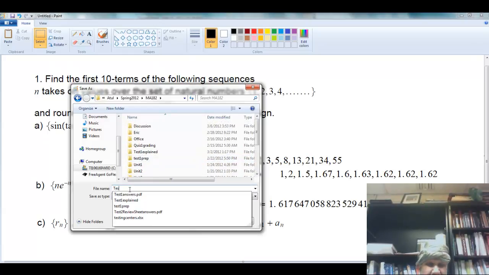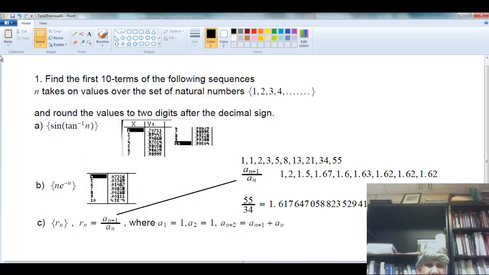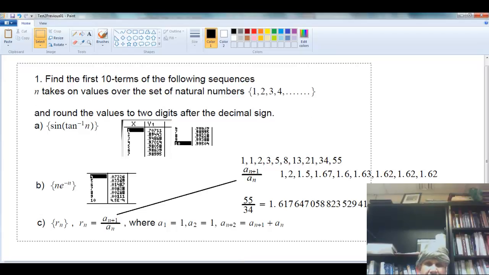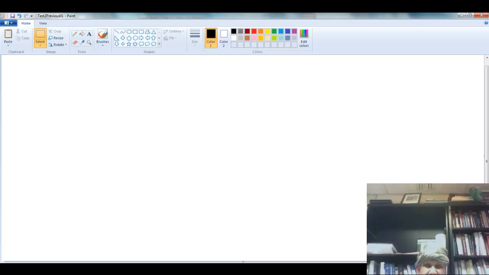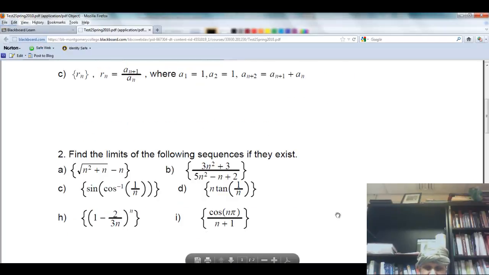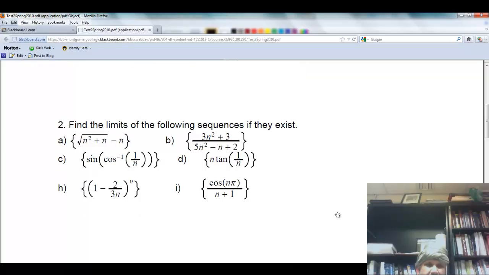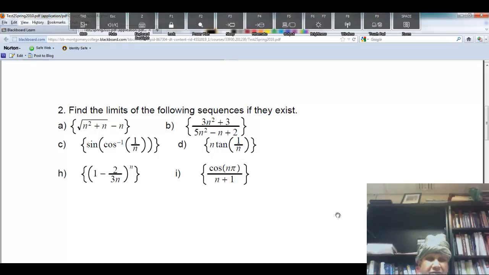So where is it? Okay, so we got these guys and we got these guys right here for this, right? Are we good on this? Okay, let me just save it so that I can post it.